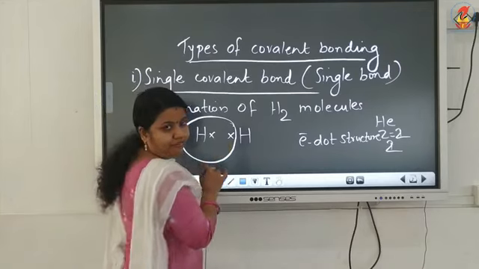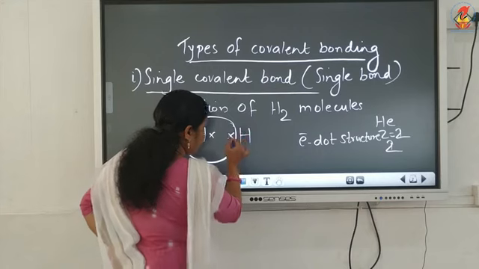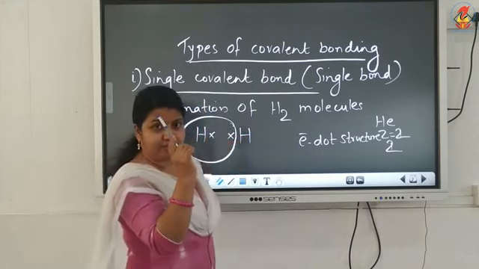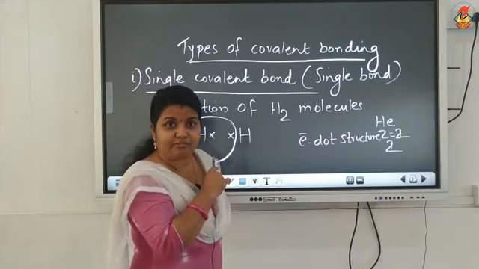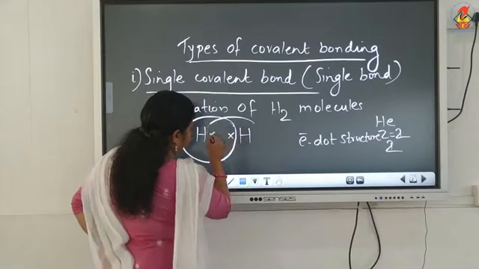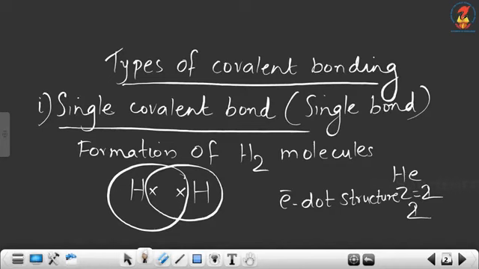Now consider the second one. It has its own 1 electron, and it has given that electron for sharing to the first hydrogen atom. Likewise, the first hydrogen should give its electron for sharing to the second hydrogen atom. It means that both hydrogen atoms share 1 electron pair.